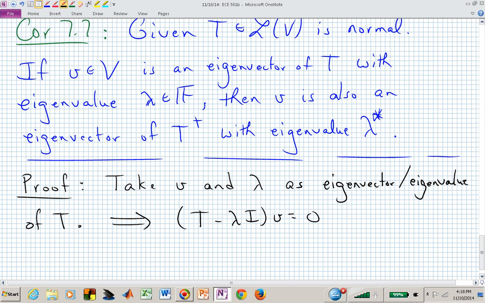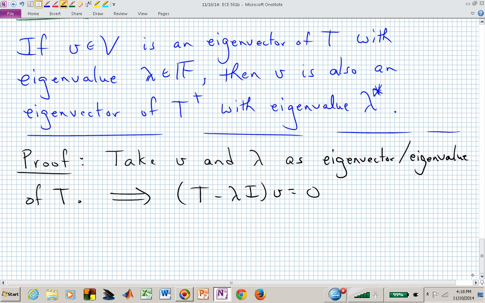If lambda is an eigenvalue and v is an eigenvector, then the eigenvector is in the null space of T minus lambda I as an operator.